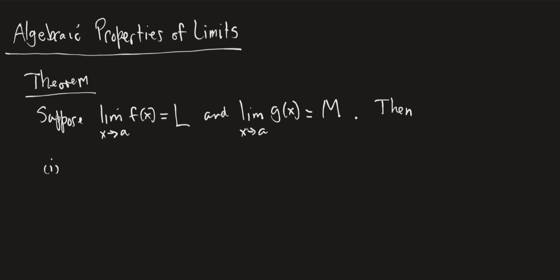Well, one of the simplest ways to take two separate functions and combine them to make one is to add or subtract. So what if we were to take f of x and then either add or subtract g of x, and then compute the limit of the sum or difference?